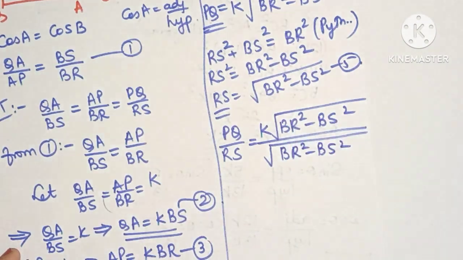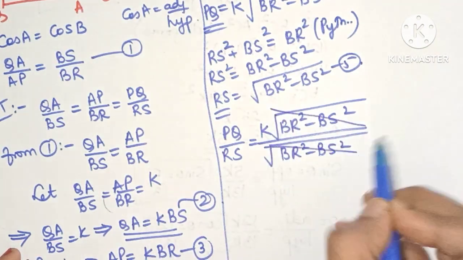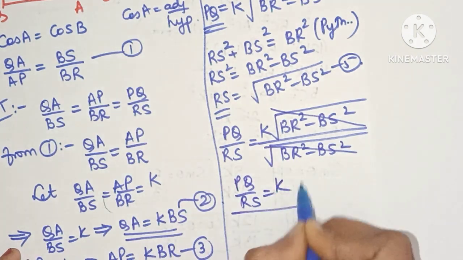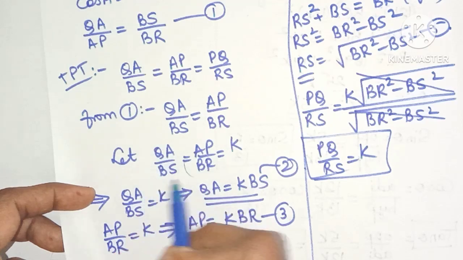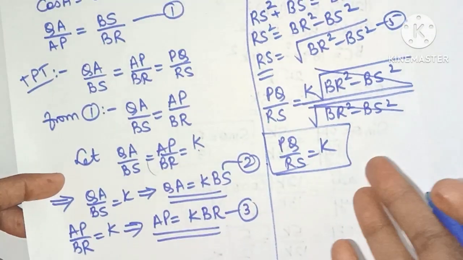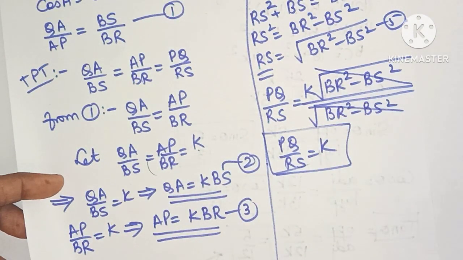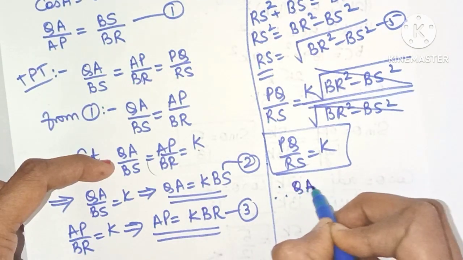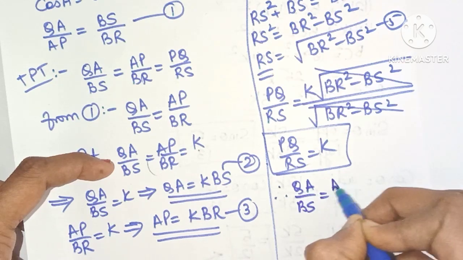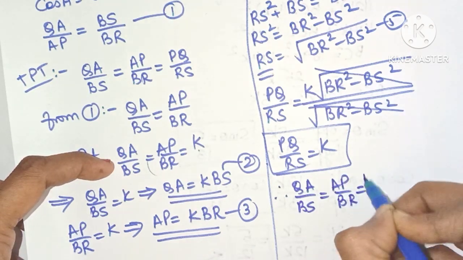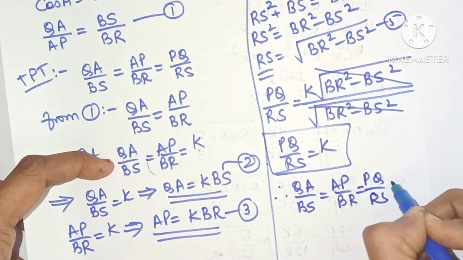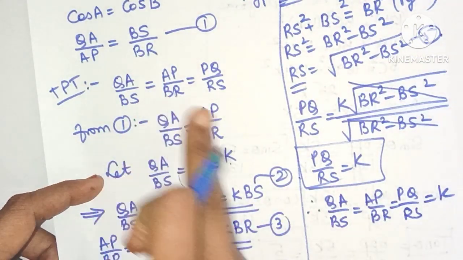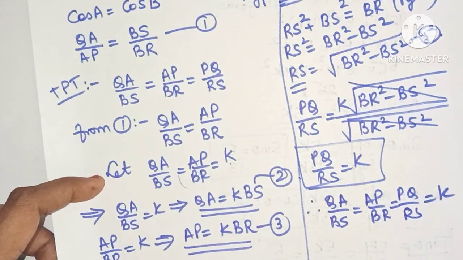These two terms are one and the same. So I can cancel them safely. So PQ by RS is nothing but K. And just see, already this ratio is equal to K. And now we have shown that PQ by RS is also equal to K. Therefore, we can say that QA by BS is equal to AP by BR is equal to PQ by RS is equal to K. See, friends, we have shown that the corresponding sides are in the same proportion or ratio.